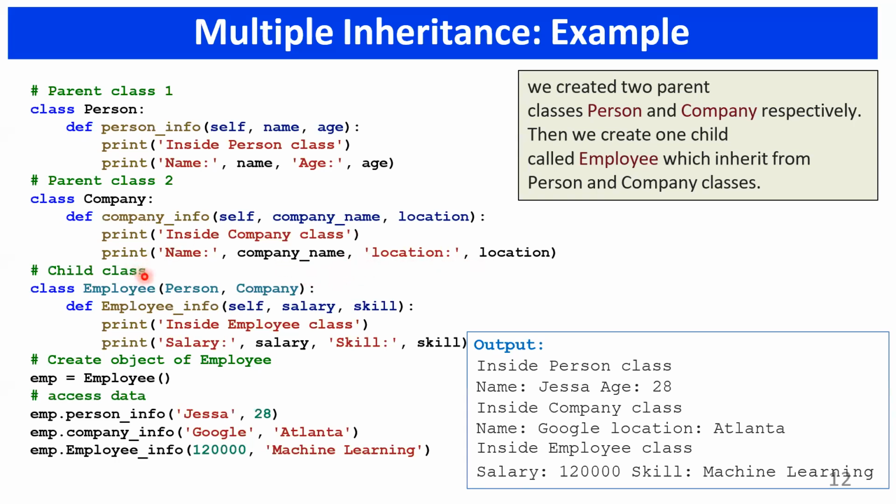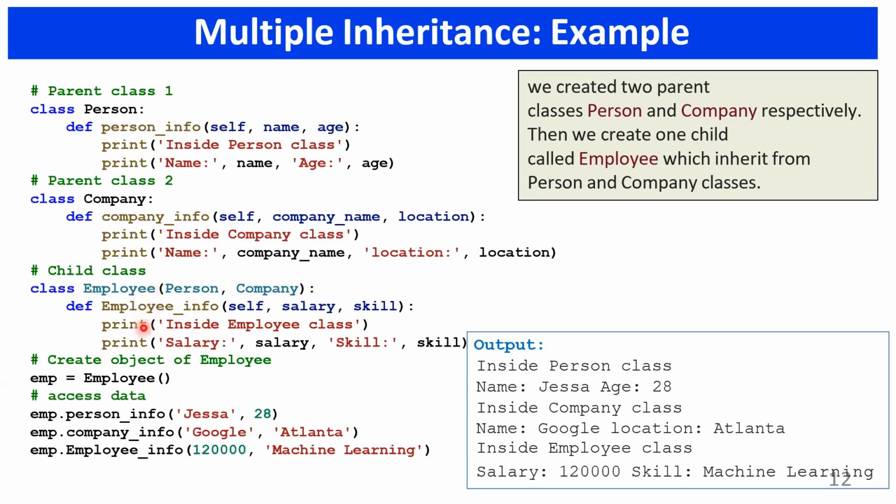Now we are creating a new child class, which is inherited from both of these base classes, person and company, by using the class definition, class employee, with person and company class names within the open parenthesis, indicating that employee is a child class inheriting the properties of the base classes person and company.